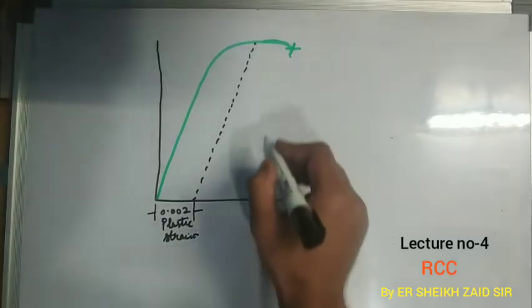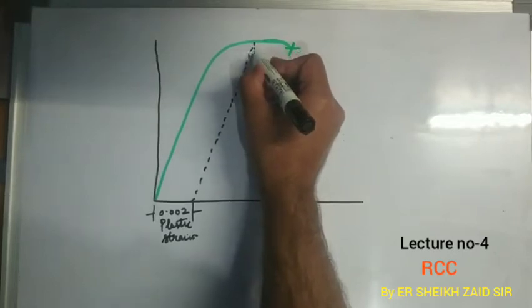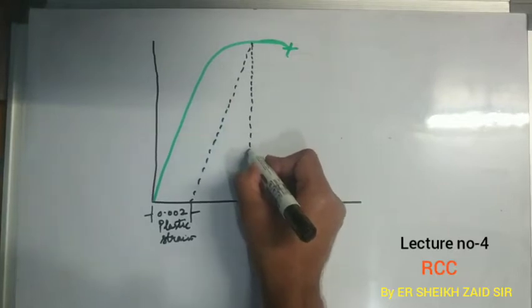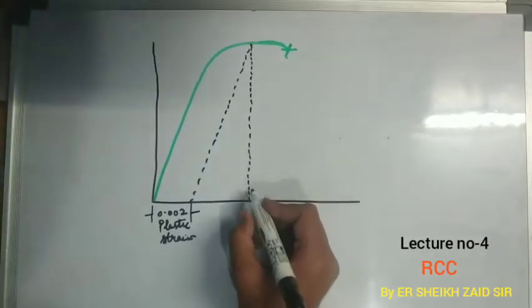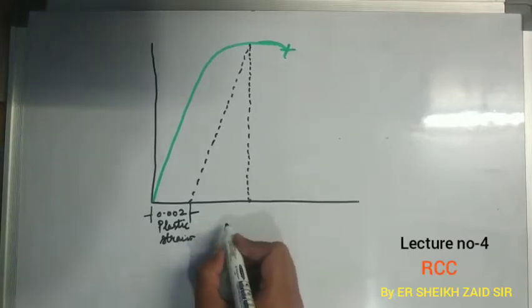Now, if we see the point corresponding to the peak of this curve on the x-axis, this point will show the elastic strain recovered.